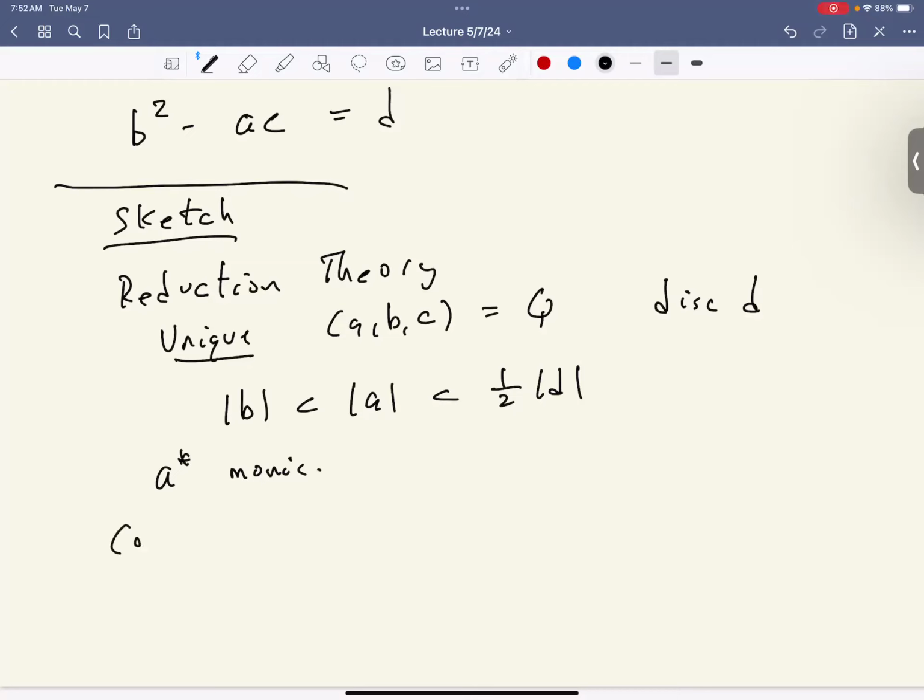I'm not going to have time to go through that, but his approach works almost exactly the same, just a few little things. You have ambiguous forms, ambiguous classes. You can count them, and it's just like counting factorizations of D.